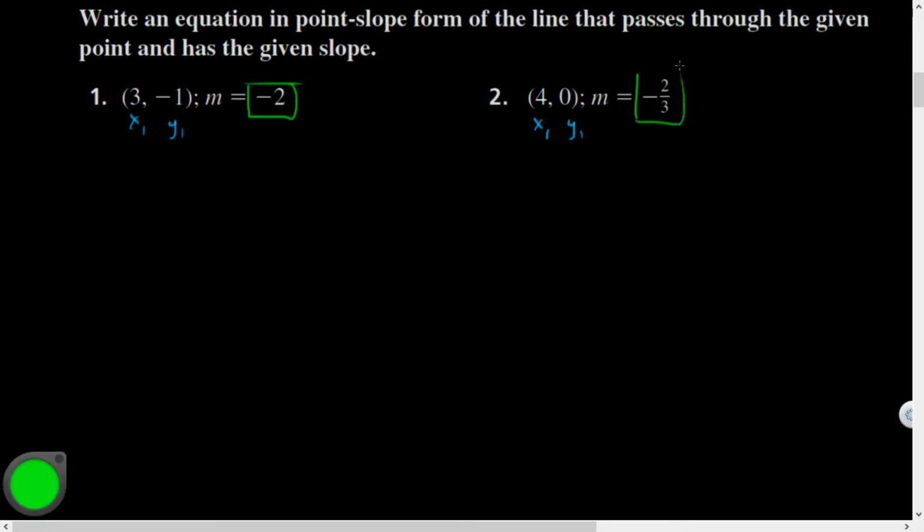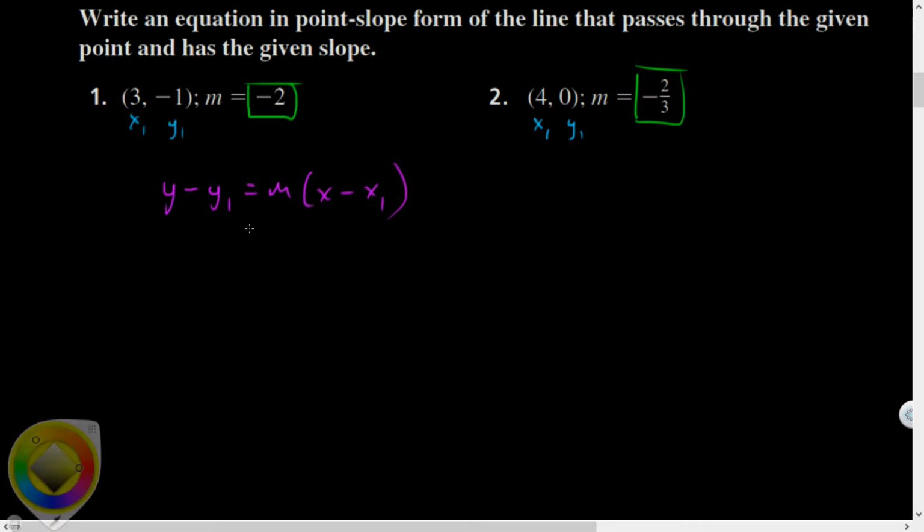If we solve it for y, that would be to rewrite it in slope-intercept form. I'll do some graphs in a minute. Let's just write these equations first. So the form is y minus y1 equals m parentheses x minus x1. Let's plug it in. What's this equation going to be in monitoring progress 1?